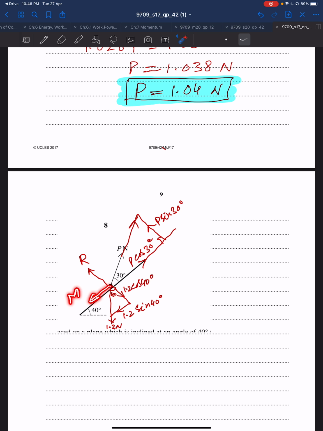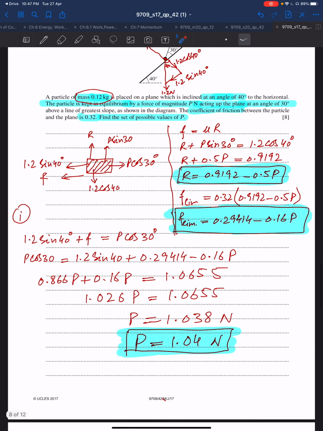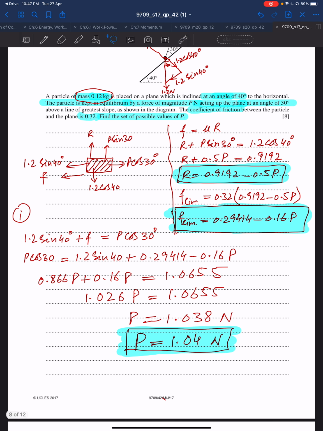That means this is the direction of motion now. So obviously the limiting frictional force will work in the opposite direction.